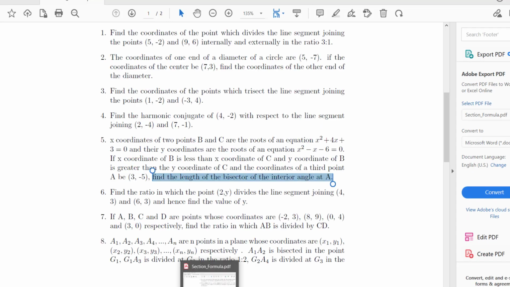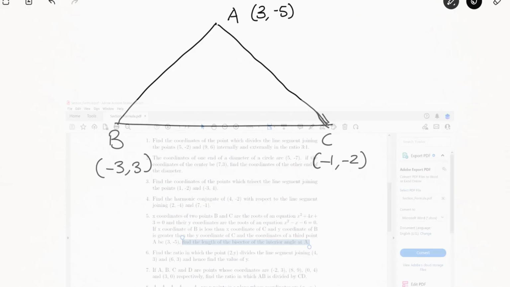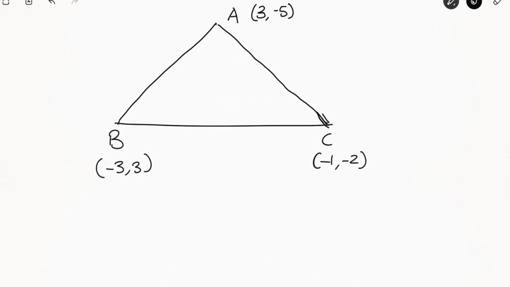Now it says find the length of the bisector of the interior angle at A. So it is asking to get the value of AD. We have to find the value of AD. So how to approach this problem?